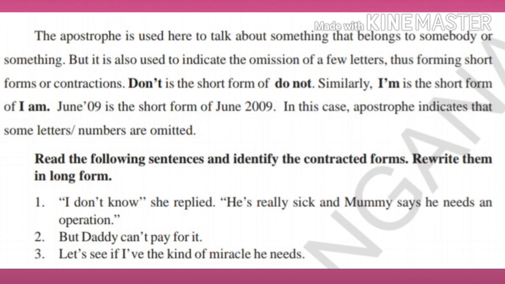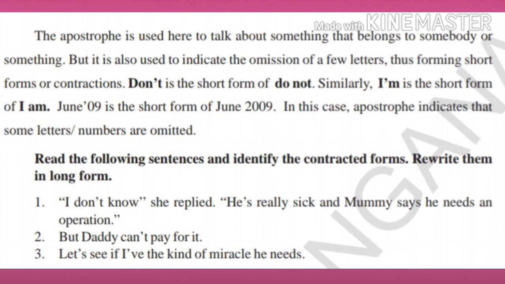He's means he is. Second sentence, "But daddy can't pay for it." What is the contraction here? Can't. Cannot is the full form. "Let's see if I've the kind of miracle he needs." Let's means let us. I've means I have.